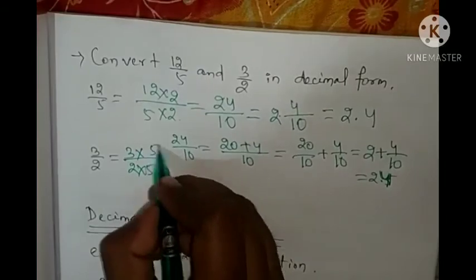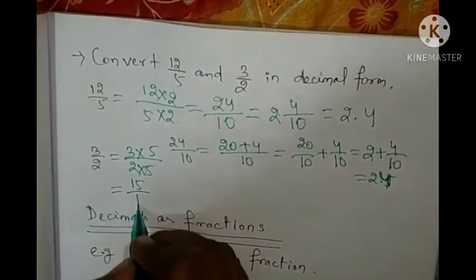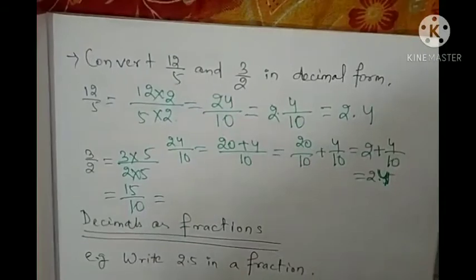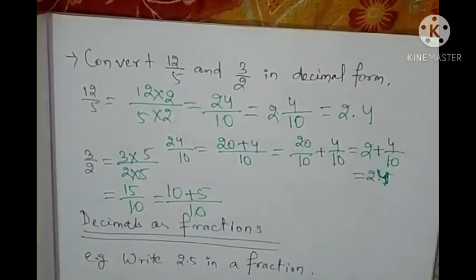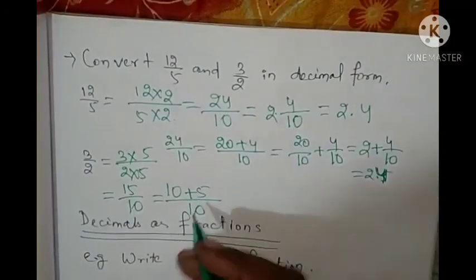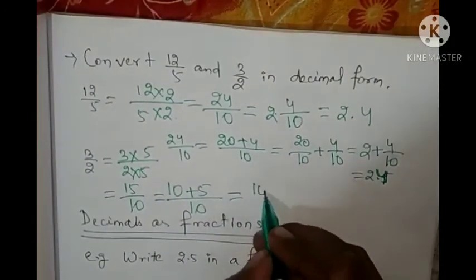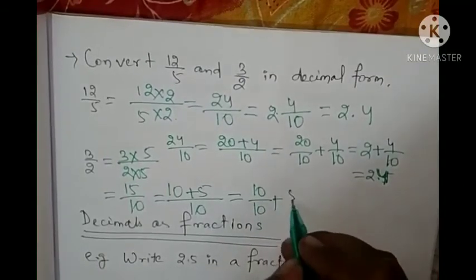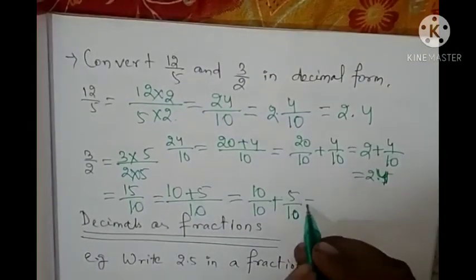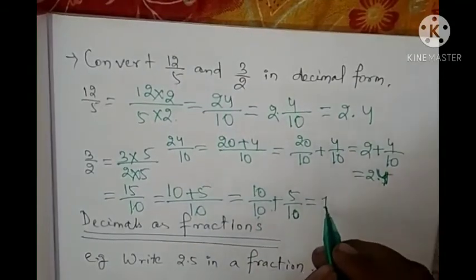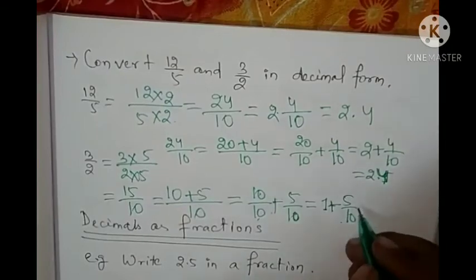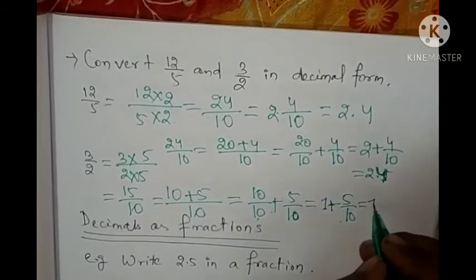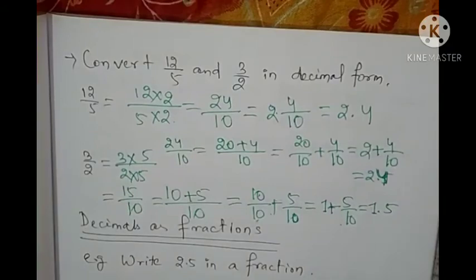What do you get? 15 by 10. 15 is what? 10 plus 5. So you can write 10 by 10 plus 5 by 10. So 10 by 10 is what? 1. This is a whole number plus 5 by 10. This is a fraction. So 1.5. Like this you can convert a fraction into decimal form.